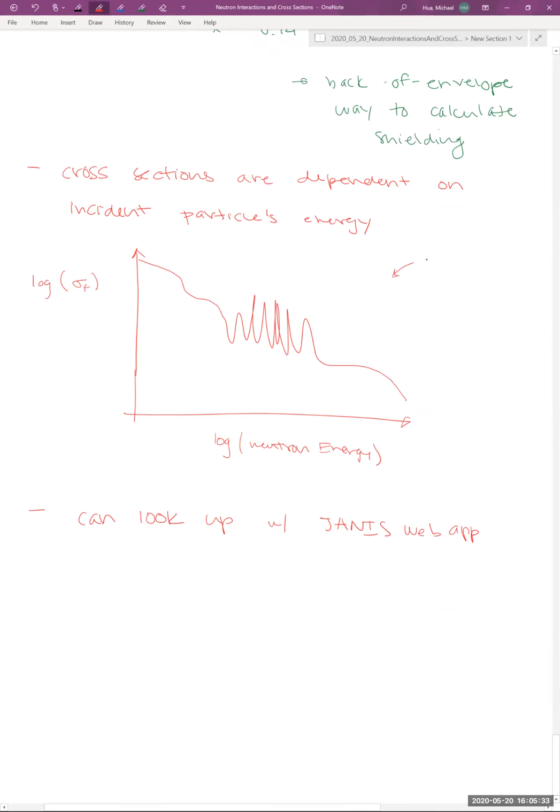This curve by no means is completely correct. But this gets into the microscopic versus macroscopic. So uranium-235 is good for chain reactions. And in a fast reactor, so when we look at higher energies as opposed to lower energies, the cross-section is smaller.